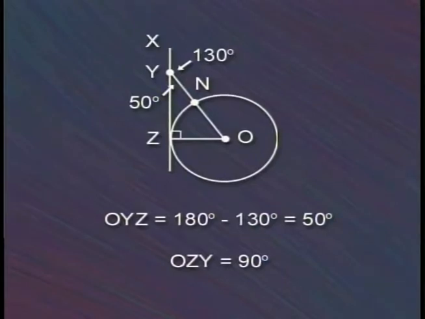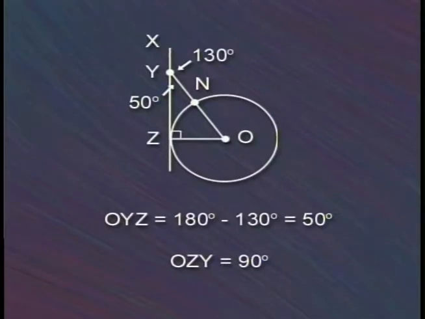Yes, we do. If angle XYO is 130 degrees, then angle OYZ has to be 180 degrees minus 130 degrees, or 50 degrees. And if line XZ is tangent to the circle at point Z, then angle OZY is 90 degrees. Why? Well, remember, a tangent line to a circle forms a 90-degree angle.